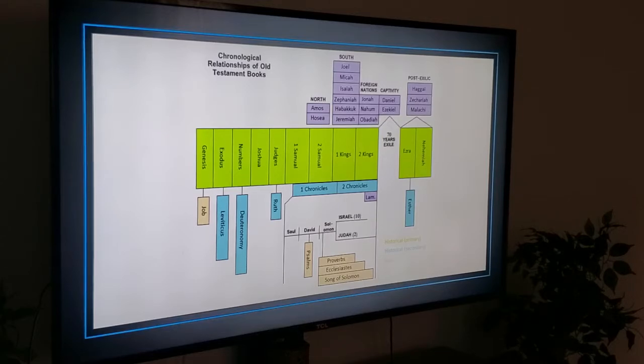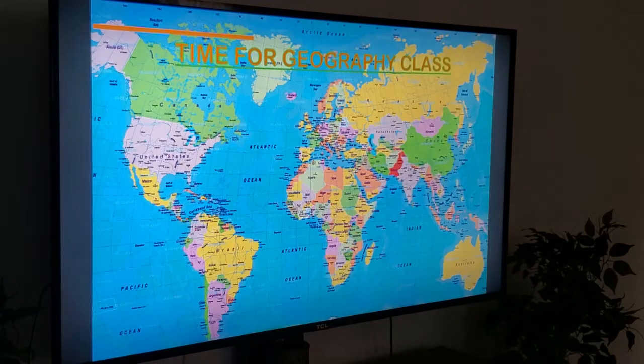So you can get an idea at a glance of who's preaching or speaking when. It breaks it down even by the north and south kingdoms. The north kingdom had Amos and Hosea prophesying to them. I found this and cleaned it up and added color because I thought it was a really good reference. So it's time for some geography class.